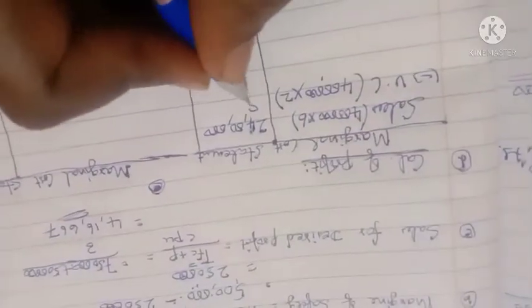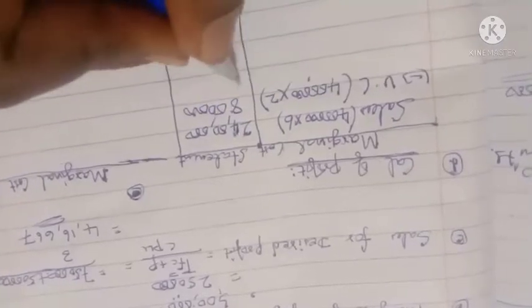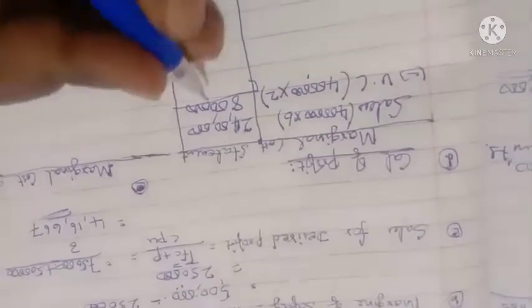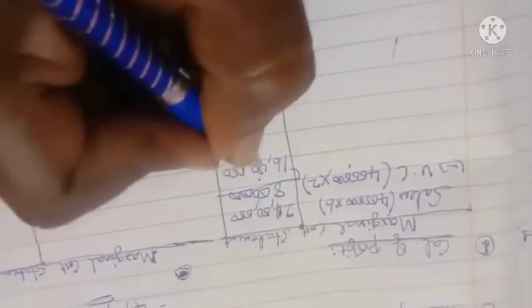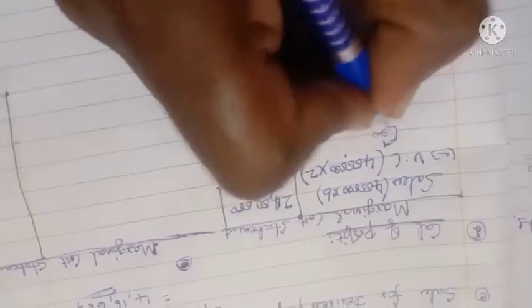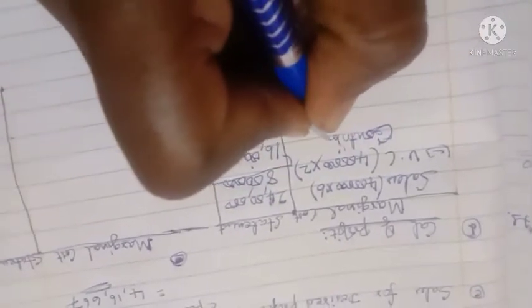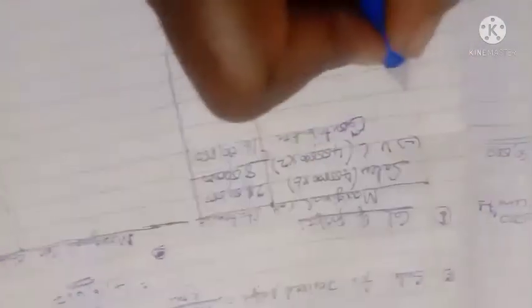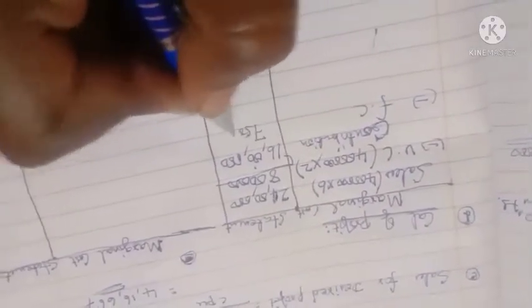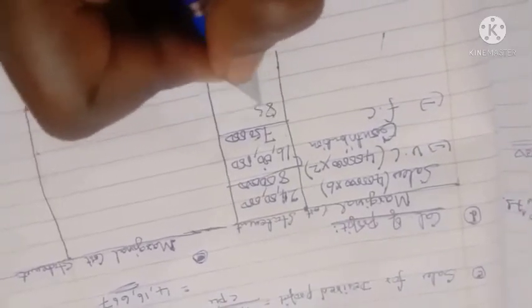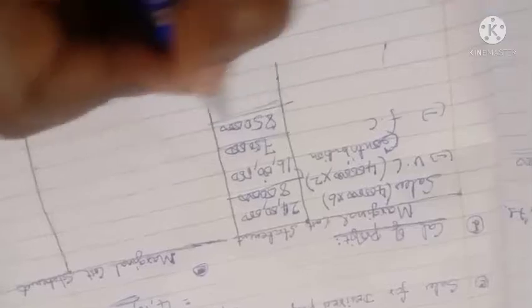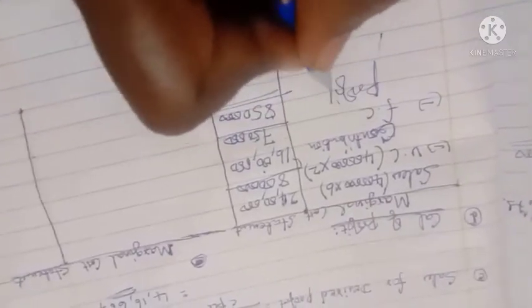So 8 lakh. Difference 16 lakh is the contribution. Less fixed cost: fixed cost is always the same amount, 7 lakh 50,000. So 8 lakh 50,000 is the profit.